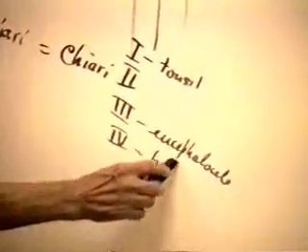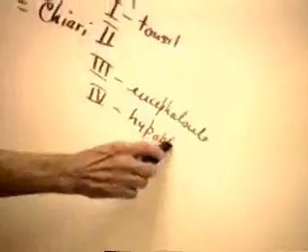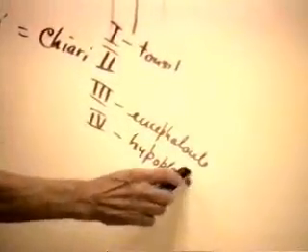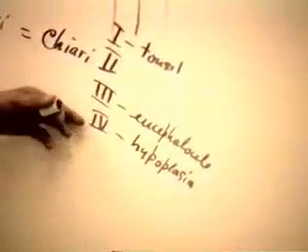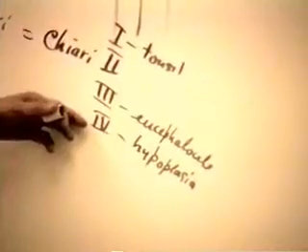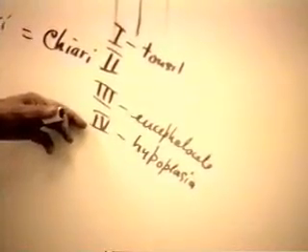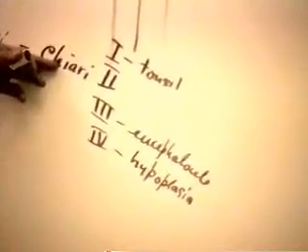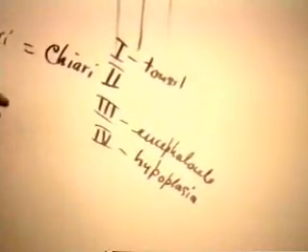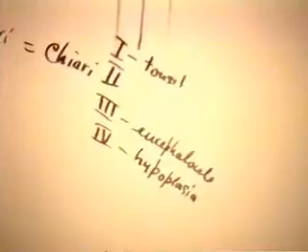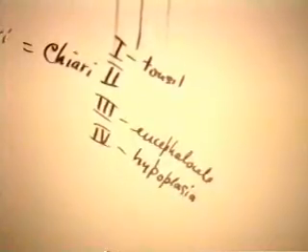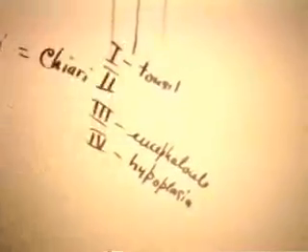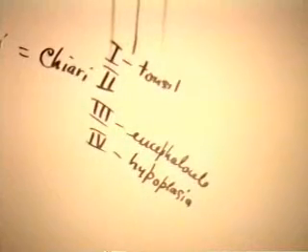Hypoplasia. Which is almost totally unrelated, except that in almost all cases of Chiari 2, or Chiari malformation, the cerebellum is smaller than normal. These were four types of cerebellar abnormalities that Chiari described.